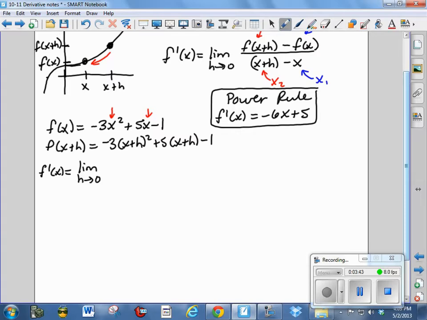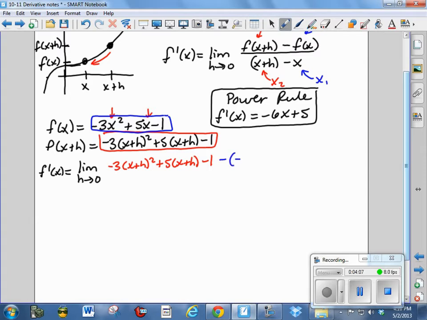So that means I'm going to write all of this in, which is negative 3 times x plus h squared plus 5 times x plus h minus 1 minus f of x, which is all of this function. So minus, and this is really important, put the f of x function in parentheses. If you do not put it in parentheses, you will not subtract correctly.